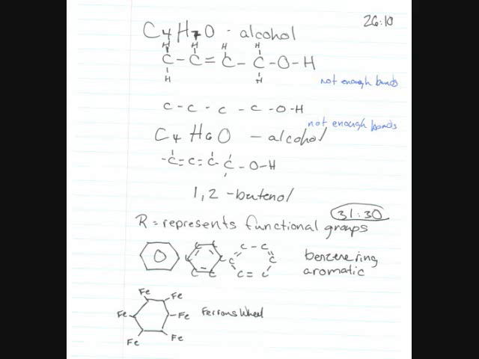Functional groups. Which one do I want to do next? How many functional groups are there? In general, we think there's like 7. There's alcohols, aldehydes, ketones, carboxylic acids, esters, and ethers. And I'm leaving one out.